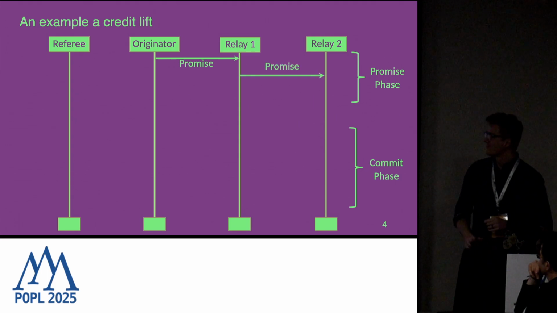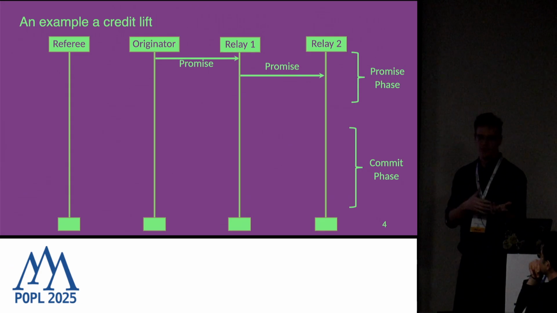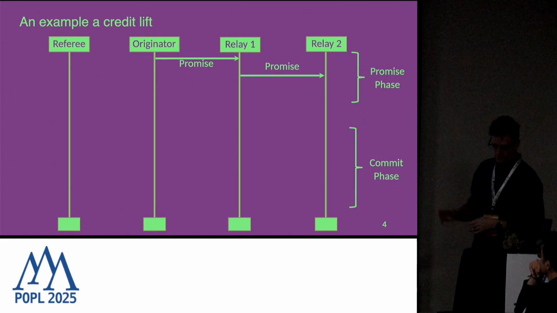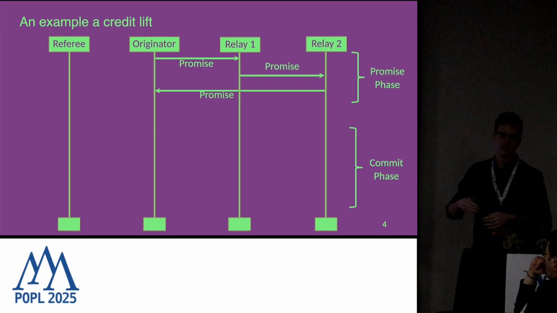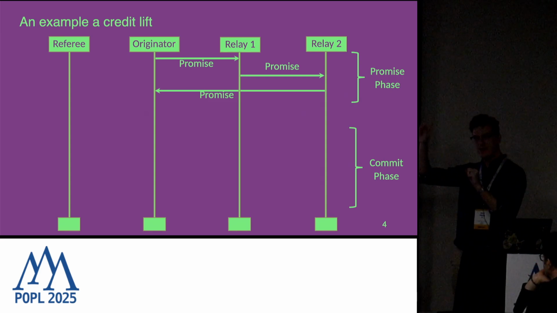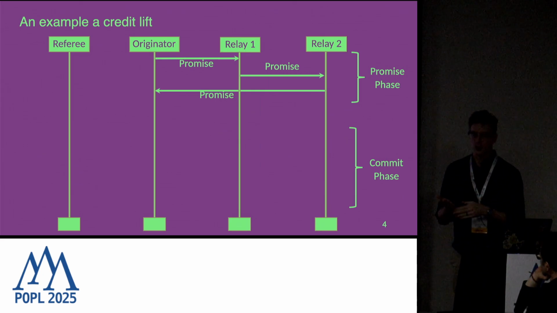Cool. So relay 1 will receive that promise, consider whether they trust the referee to be fair when deciding, and if they like the terms, they'll forward it. Followed by the next relay, and in this case relay 2 is the last one, it will send its promise back to the originator. The originator has seen this promise come around the cycle, and believes that everyone has now agreed.